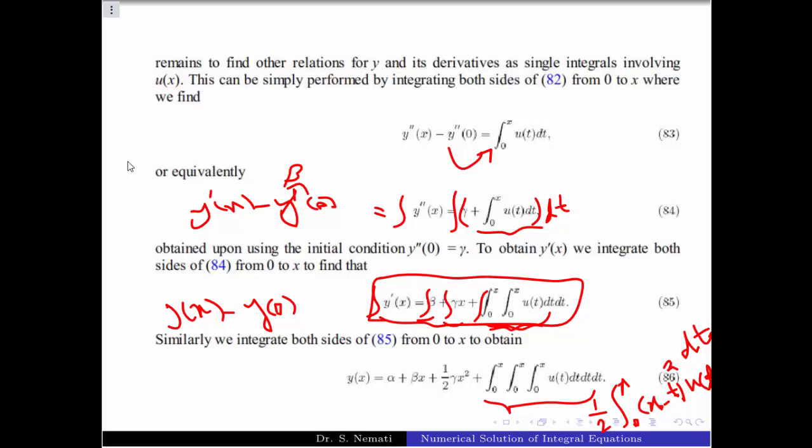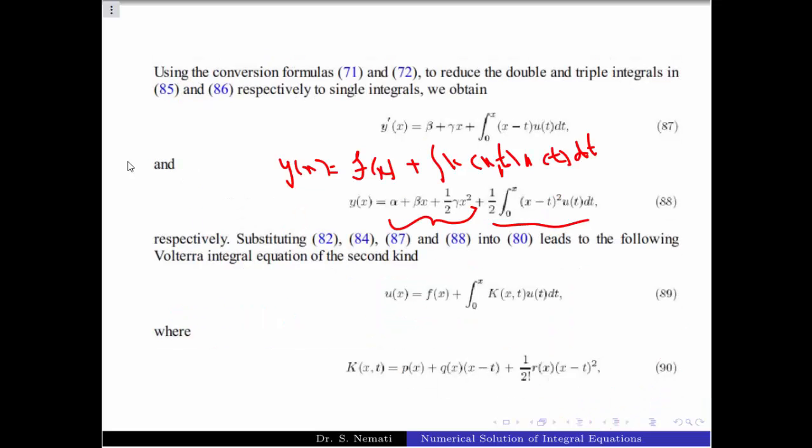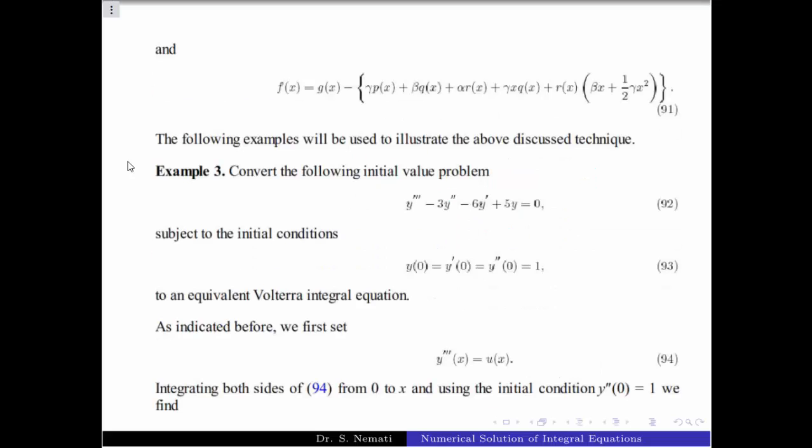So by taking into account this relation, we can write u of x equals f of x plus the integral of k of x, t, u(t) dt, where k of x, t equals this expression and the function f is given by this relation.